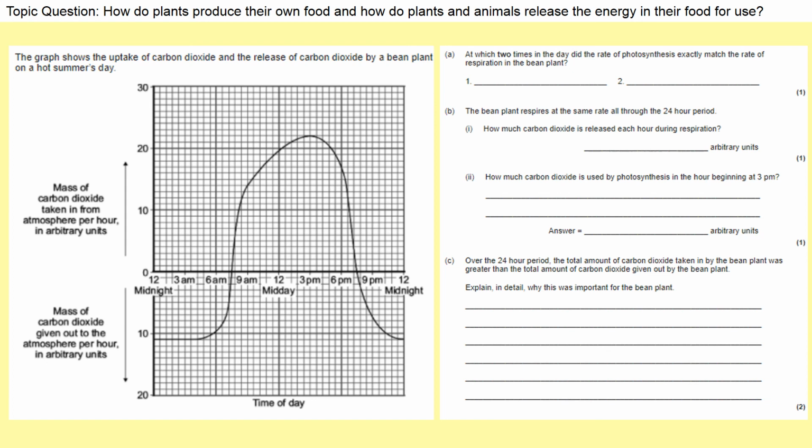Another graph question again then, looking at carbon dioxide that is being taken up and released by a bean plant. It tells you it's a hot summer's day. And again, it's between midnight and midnight what's happening. So just see if you can have a look at those questions, jot down your answers, and we'll go through them in a couple of minutes.